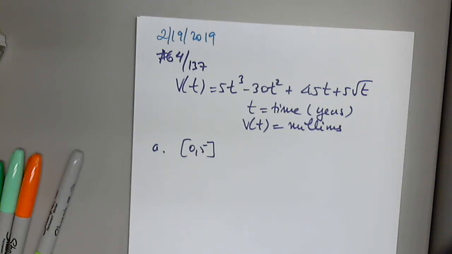Let's go back to window. I'm going to put 5,000. Let's see what happens. Scale of 1,000 or 500.